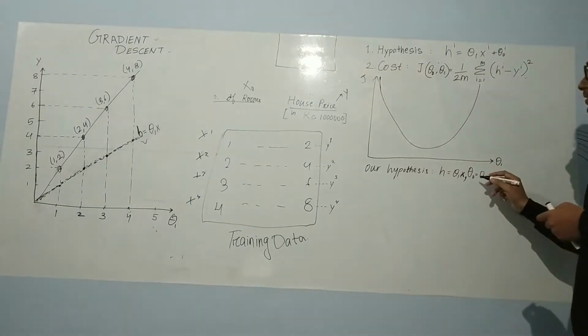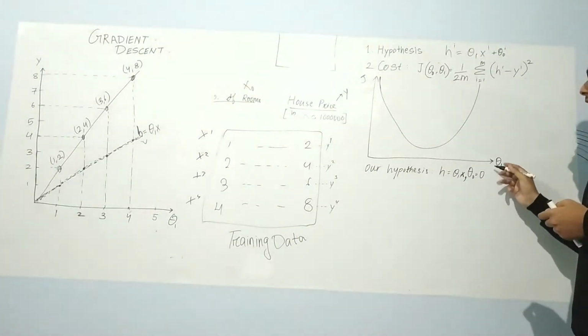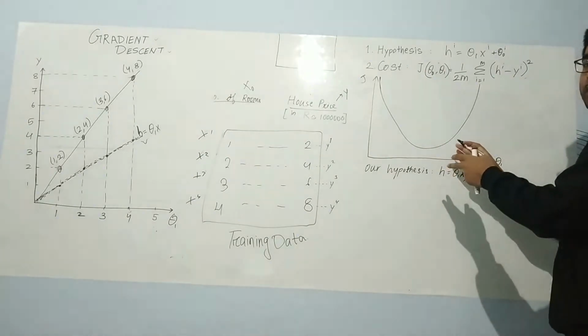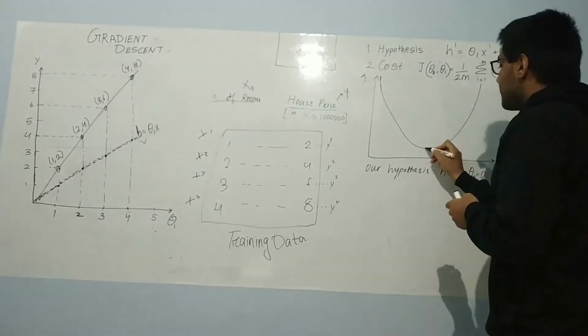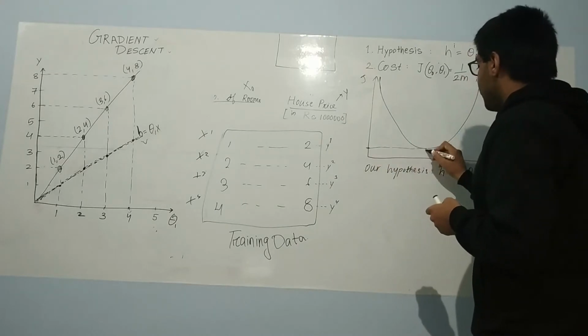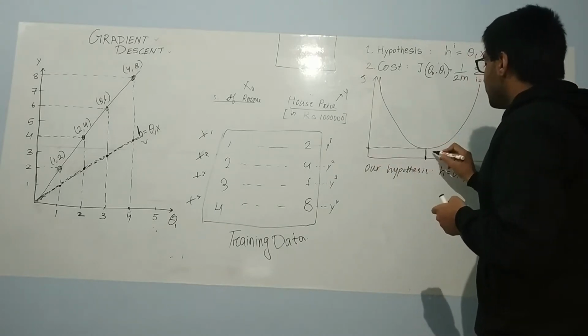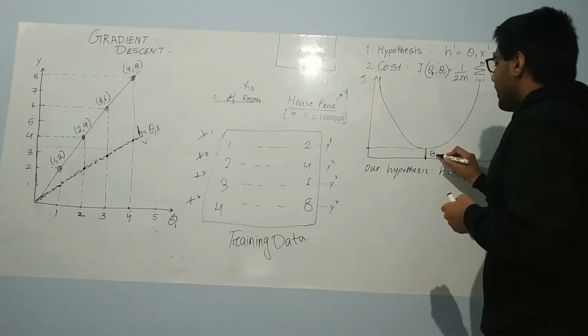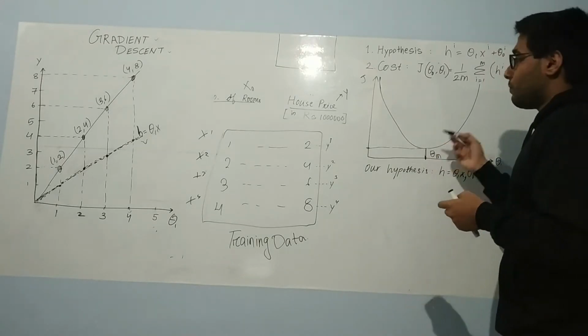Since we are neglecting theta 0 here, we will only go with theta 1. So we will get this paraboloid graph, which will have a single minimum. And the minimum, let's call it theta m for minimum.